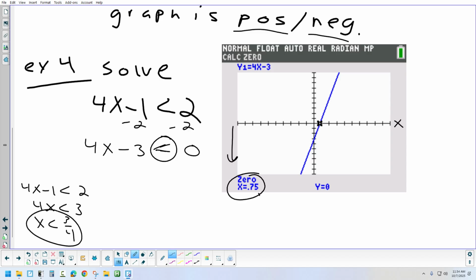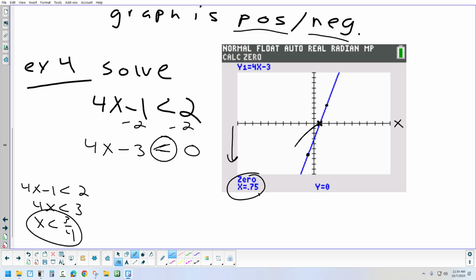Left. If I pick values to the right, like if I pick 1, I'm up there. That's not less than 0. If I go to the left, like -1, and look at where that is on my line, that is definitely below 0. That's at like -6 or something.